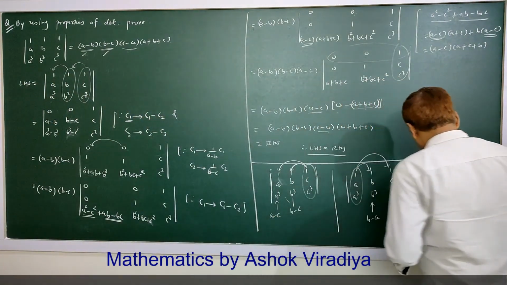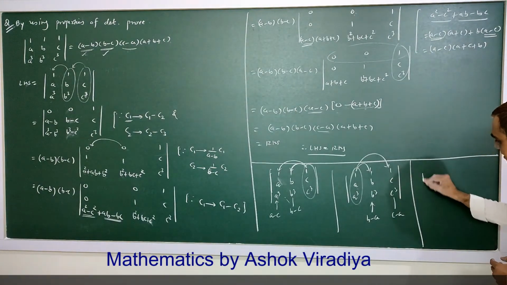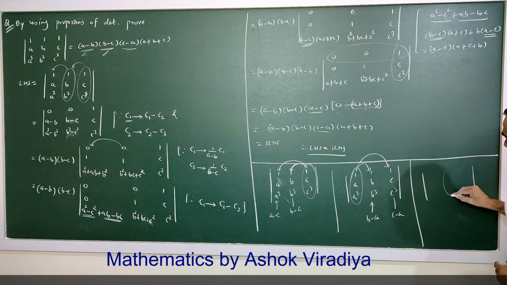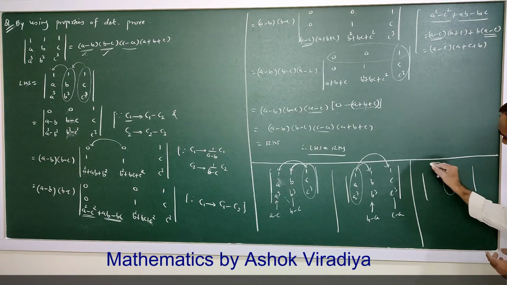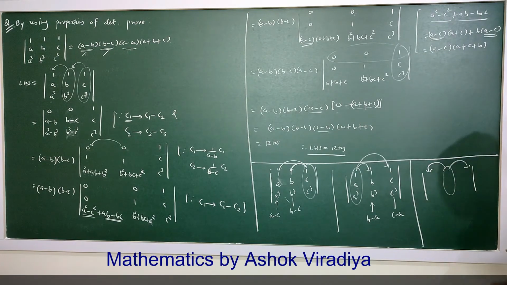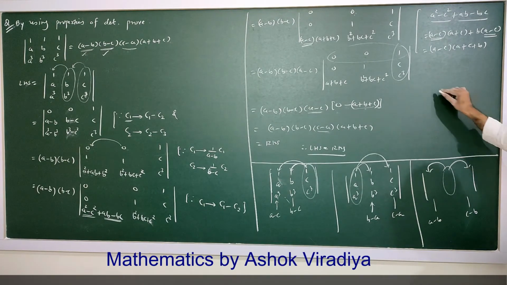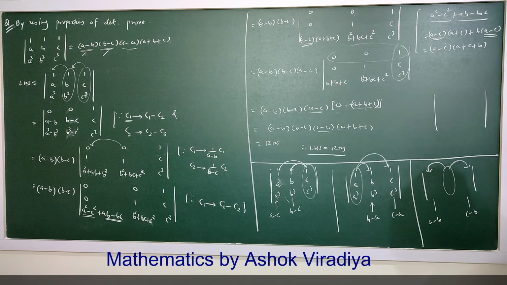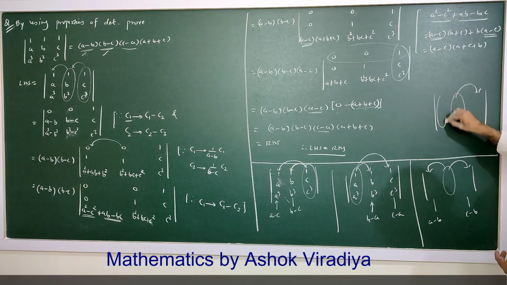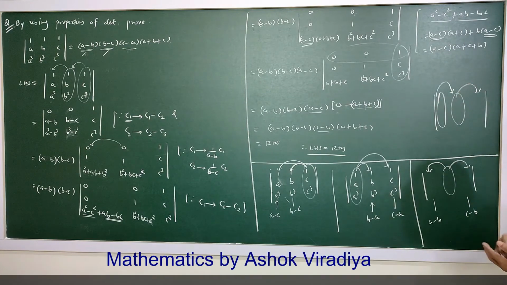You can also start this way. Say the middle column, subtract from the first column and the third column. So here you will have a minus b and here you will have c minus b. You can also start this way. This column subtracted from this column, and this column subtracted from this column. See, look, patterns of beginning.